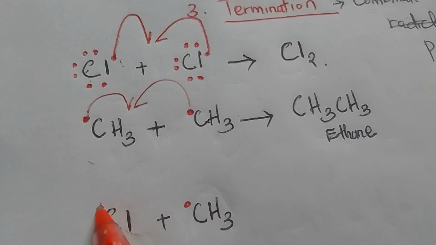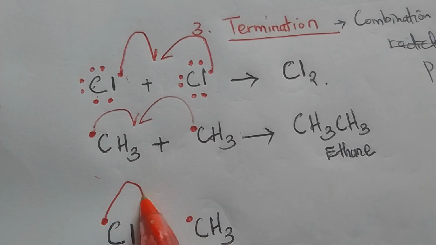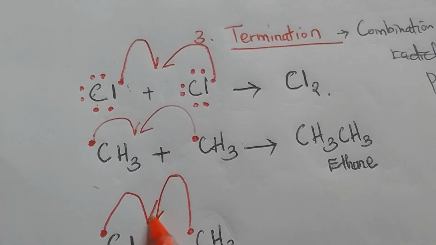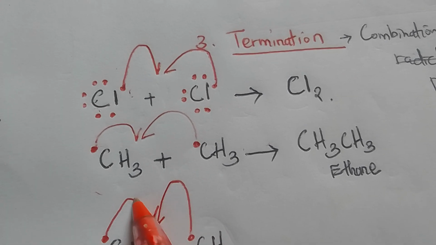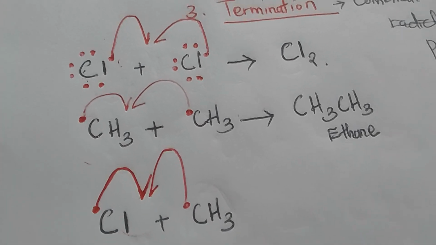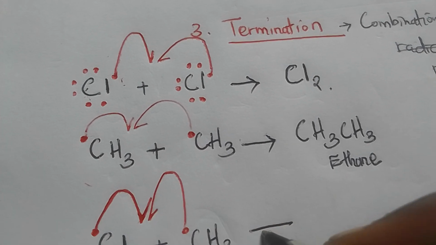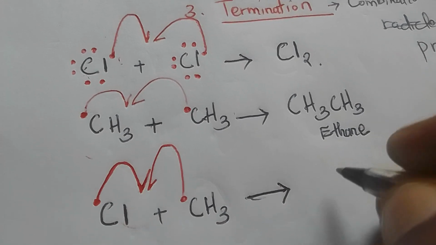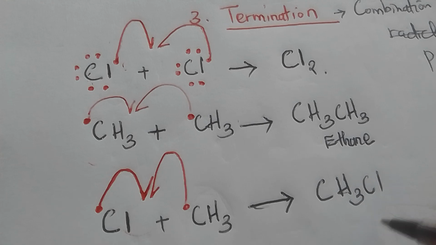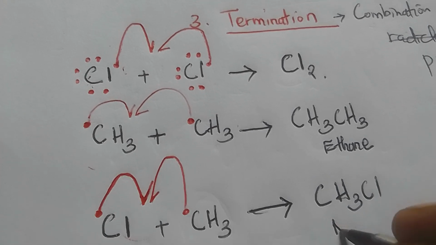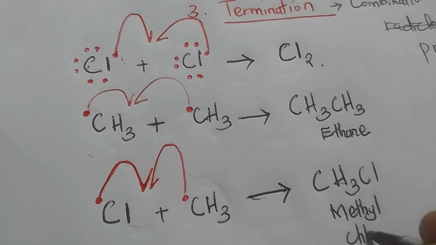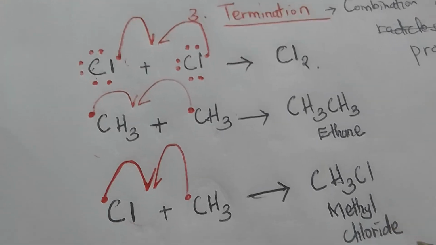So the chlorine radical, because it's there, can again react with the methyl radical. So at the end of the day we will have the chlorine radical reacting with the methyl radical to form the methyl chloride as the final product. This is methyl chloride, the methyl chloride.